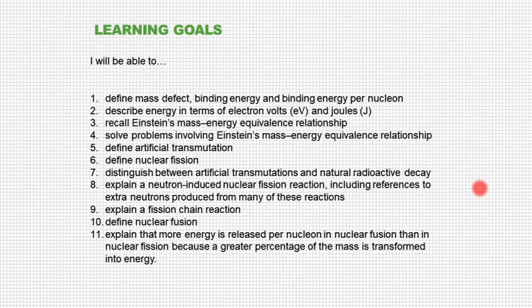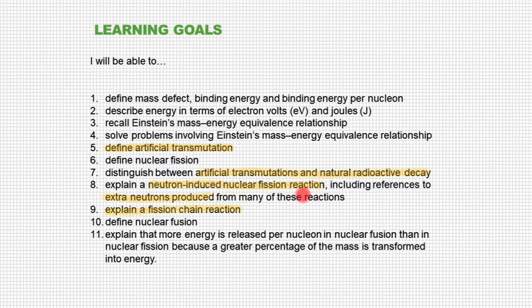So we've covered most of the learning goals in previous videos, but today we're going to focus on defining artificial transmutation, the word transmutation simply meaning to change a nucleus into other nuclei, so the nuclei are transformed, and we're going to compare this to natural transmutation or decay.